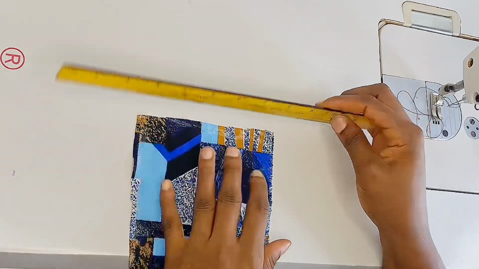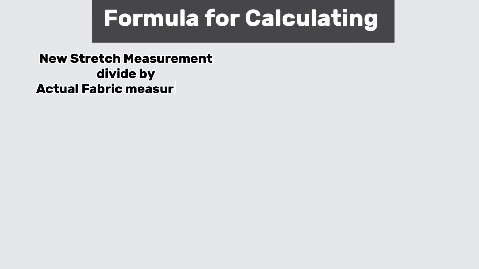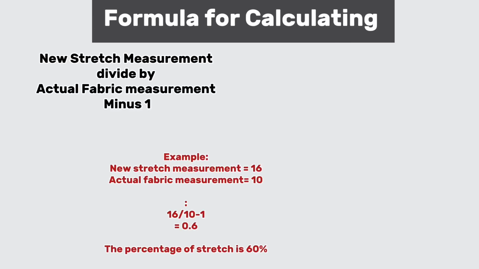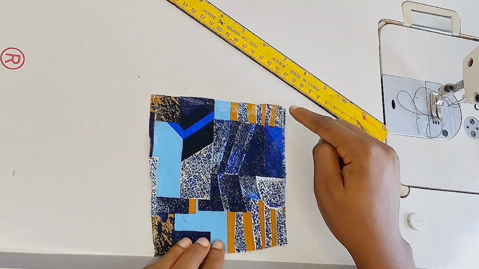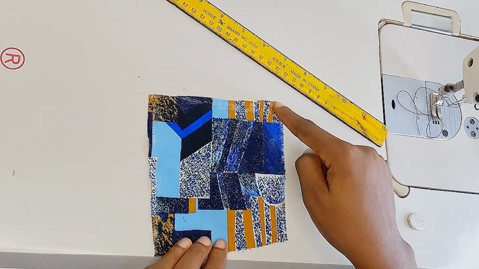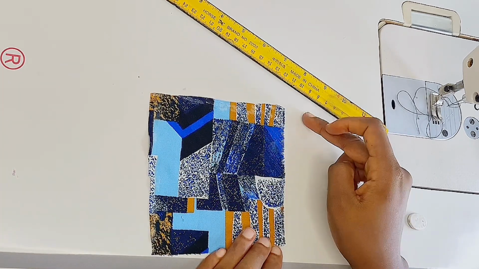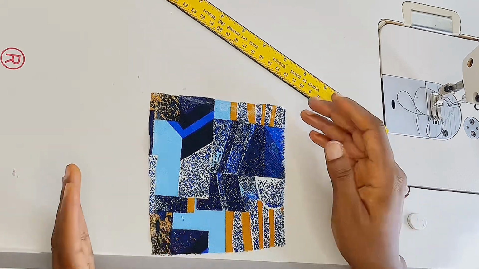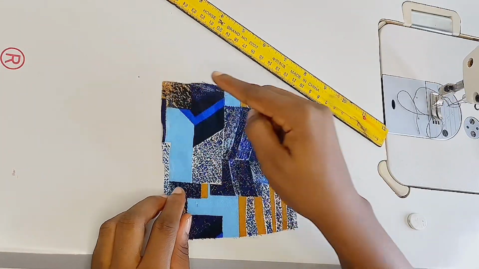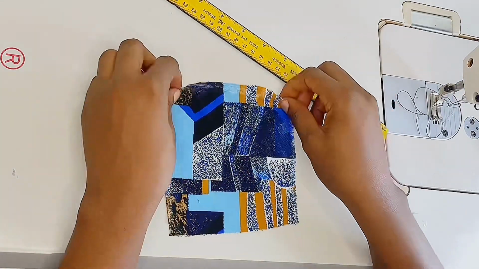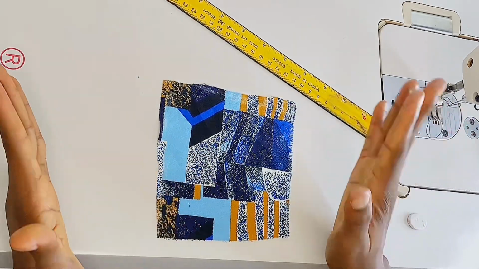Now, the formula that we're going to be using to calculate the stretch is the amount of stretch divided by the actual length, minus 1 inch. So the formula is whatever we get after stretching, divided by the length or the width of the fabric before we started stretching it, minus 1 inch.